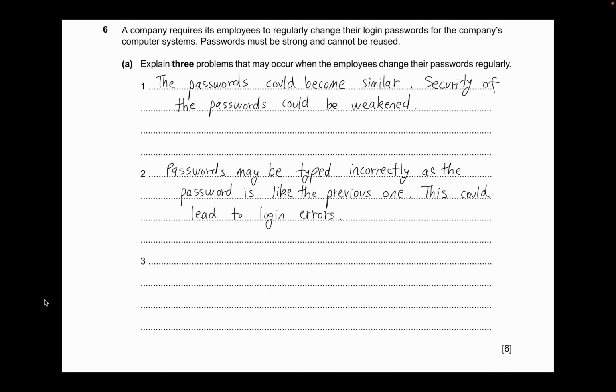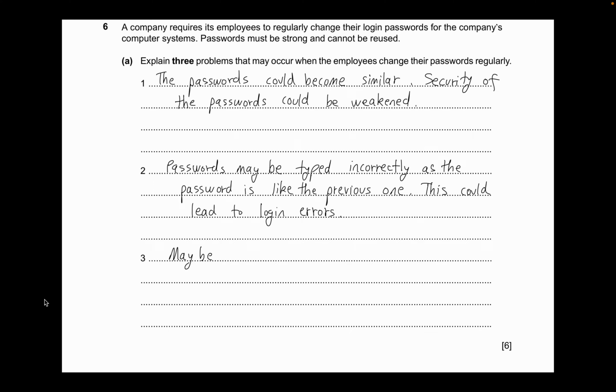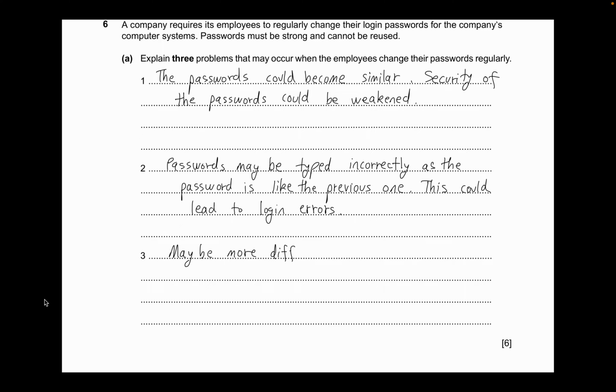Now, the final point you're going to mention is that users, in order to remember their current passwords, it could lead to a system lockout. You can also write that it may be more difficult, because they have to constantly use new passwords. It may be more difficult to find a different password.